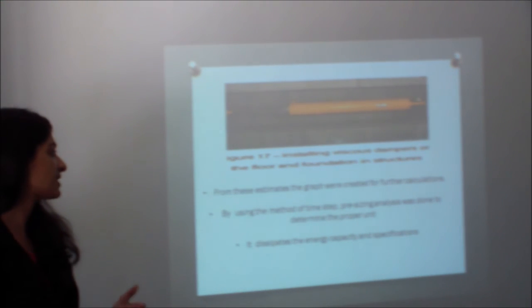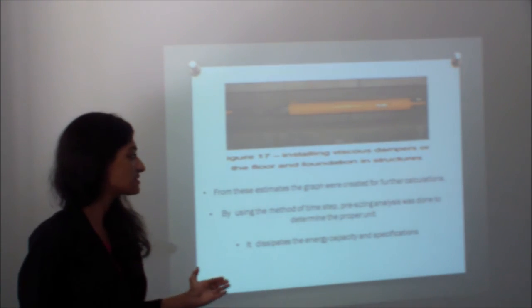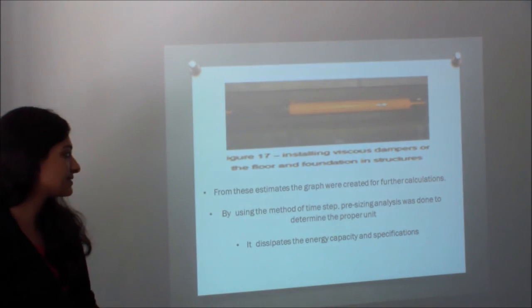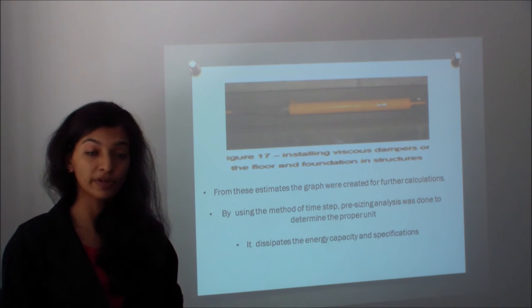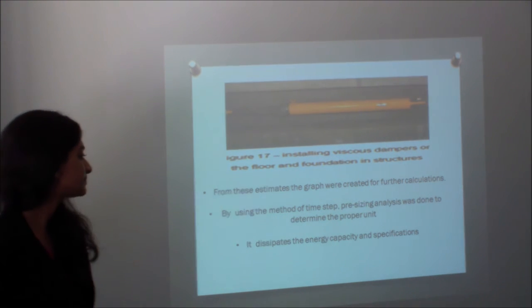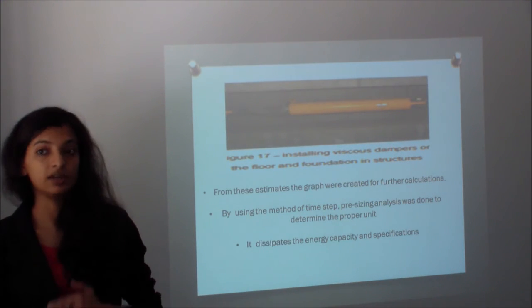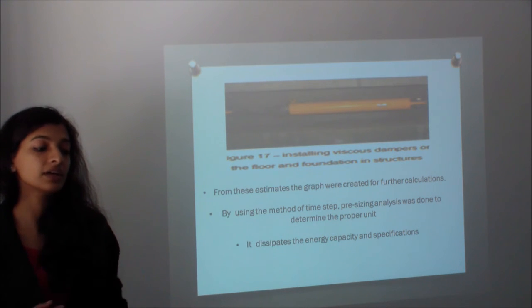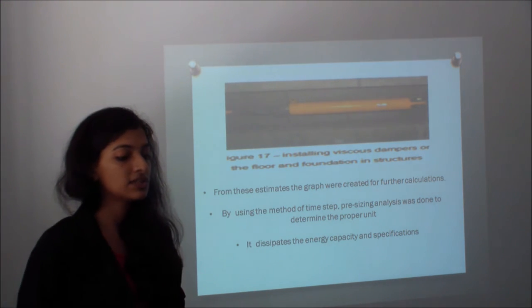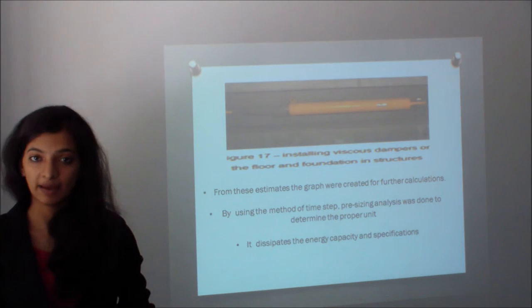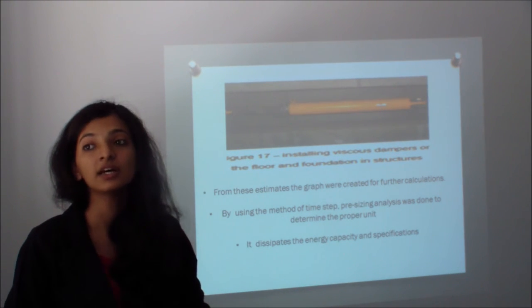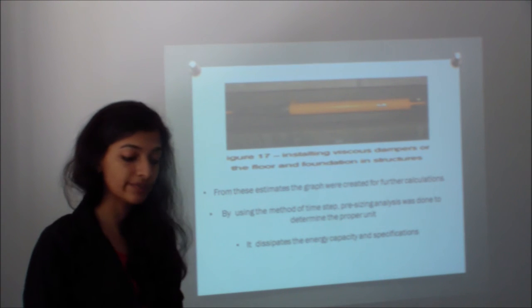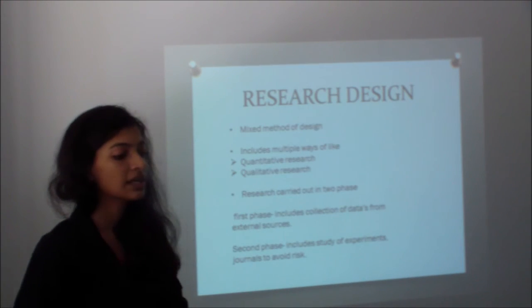From those graphs and tables, by the method of time steps and precise analysis, the proper unit can be determined to protect the structure from seismic hazards. It also dissipates energy, and the capacity and specifications help avoid seismic hazards to the retaining wall.